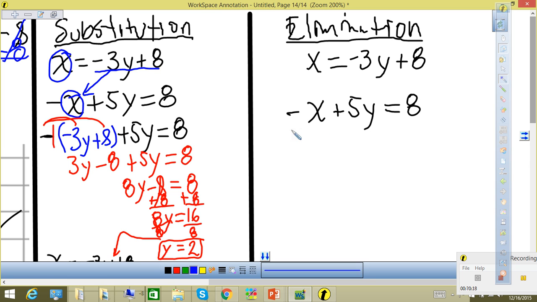Set in standard form. Who noticed that we already have one in standard form? Yes, so that we only need to set this one in standard form. So what do I do, everyone? Add 3y, add 3y. We're left with x plus 3y equals 8. Now we can eliminate.